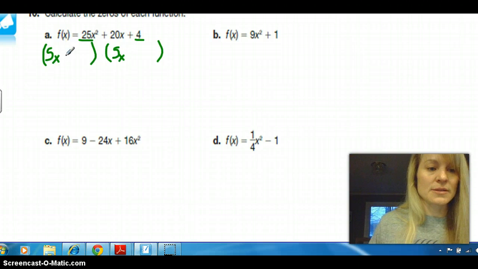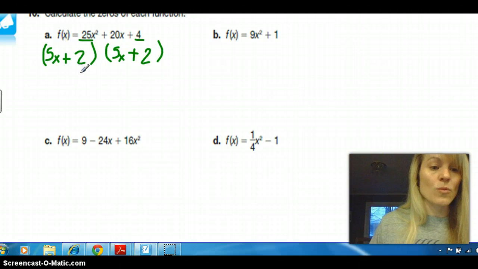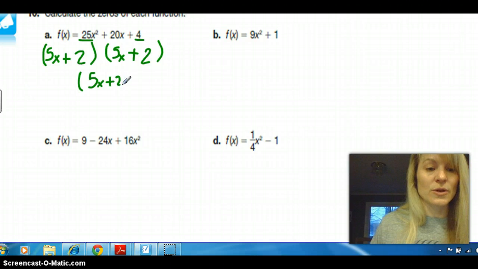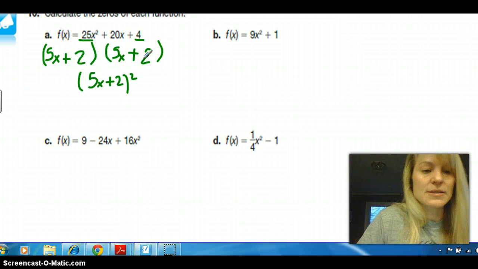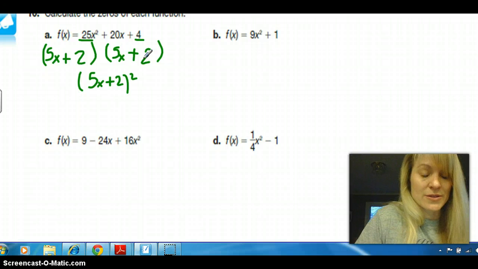These are plus plus, so this is going to be plus plus. And then I have 4, which is a perfect square because 2 times 2 is 4. So we're going to have 5x plus 2. And then we're going to write that simplified by writing that 5x plus 2 squared, because it's the same thing times the same thing. Just x times x is x squared, or 5 times 5 is 5 squared. That's going to give you the same thing.